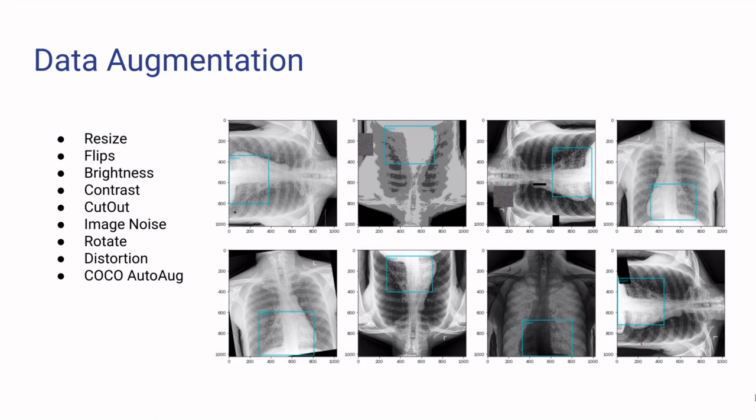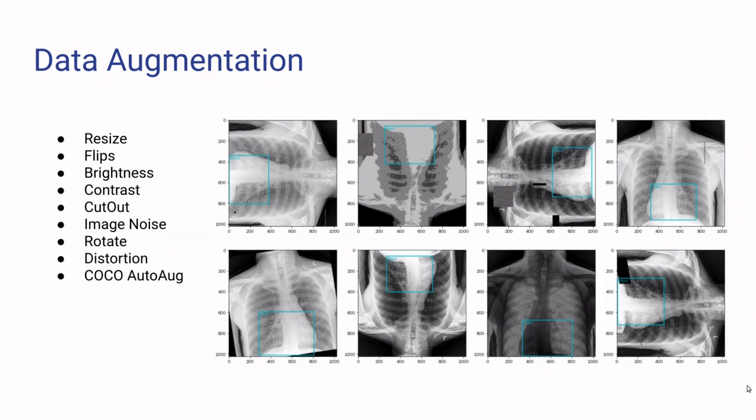Some basics like flips and color changes help. Furthermore, cutout and distortion help a lot in this dataset, as well as the auto-augmentation policy learned on the COCO dataset, which further improves the performance.